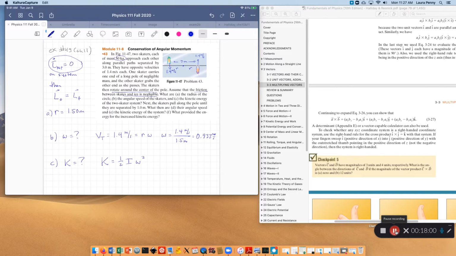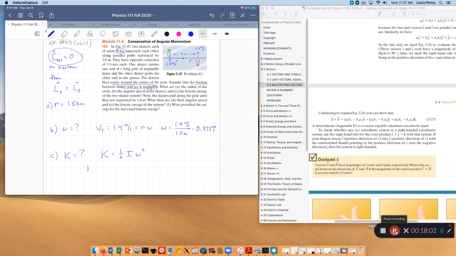If I have two objects, the I for these two objects around their center, if I only had one of them, it would be the mass of one of them times how far away it is from the place where it's moving, squared. But if I have two of them, I just add that together.